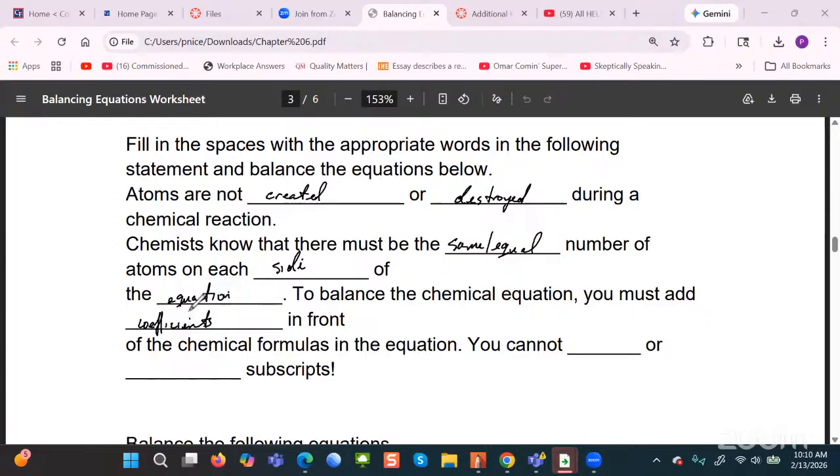Coefficients. Okay. And then continuing, in front of the chemical formulas of the equation, you cannot blank or blank subscripts. Okay, let's hear what you guys have to say about that.